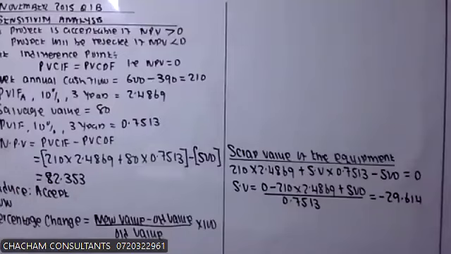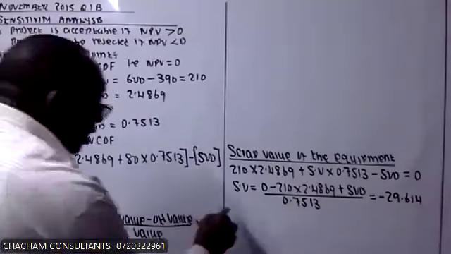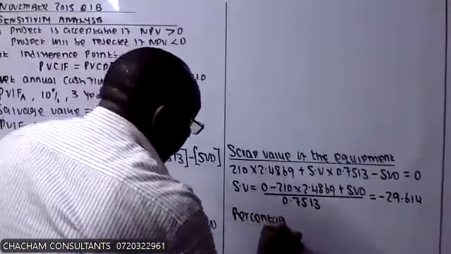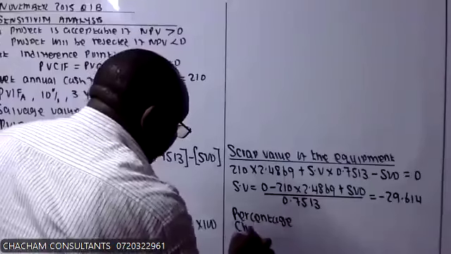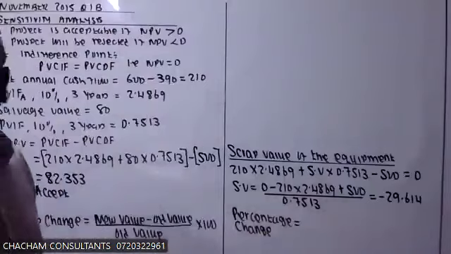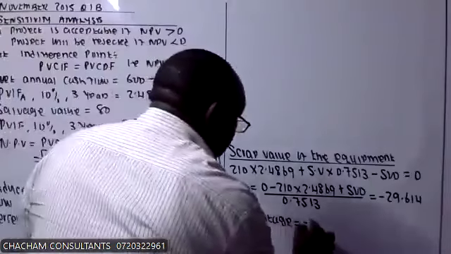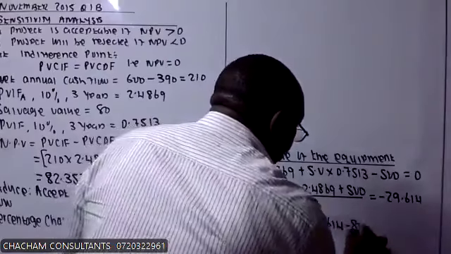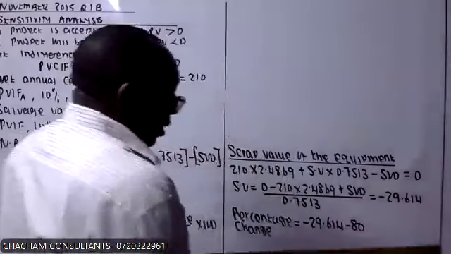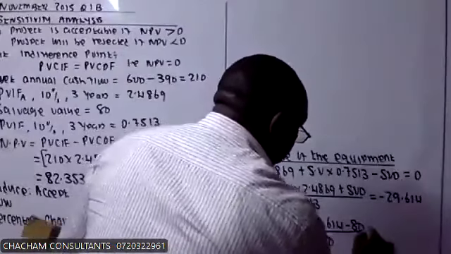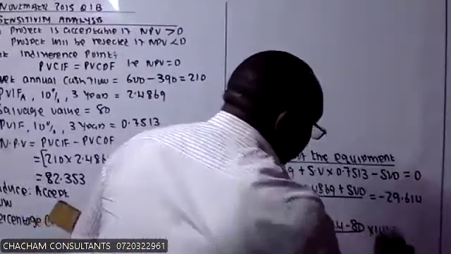Math reduce. So the percentage change should be equal to the new value, negative 29.614 minus the old value, 80. You divide by the old value times 100.